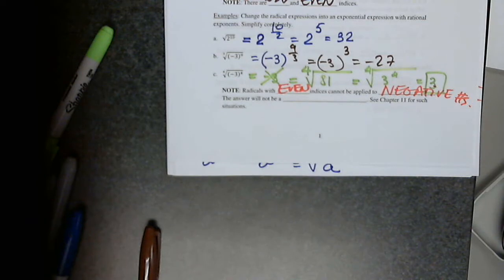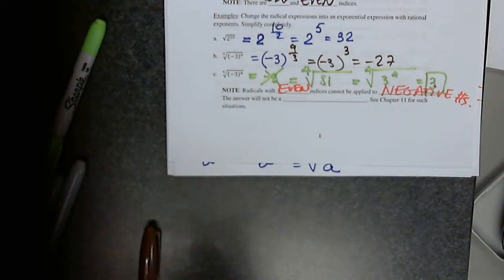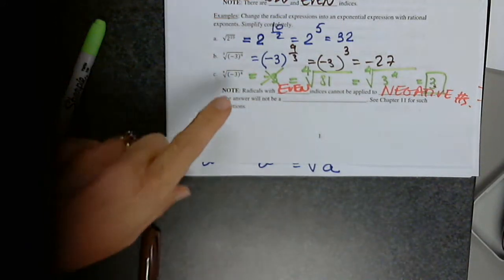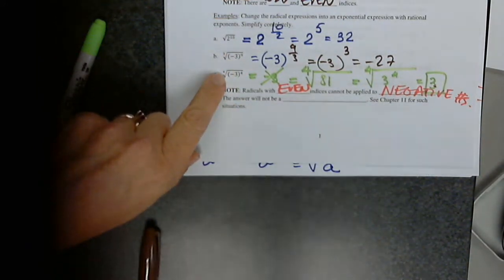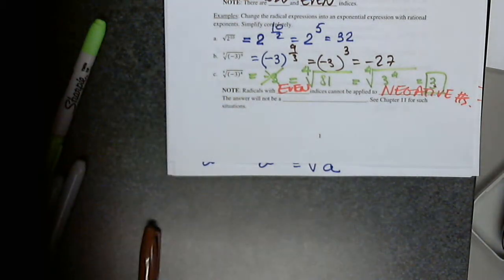I can apply an odd index to a negative number. I can apply it to positive numbers or 0. But when it comes to even indices, only to 0 or positive. Remember that graph always. Starts at 0, it goes that way.